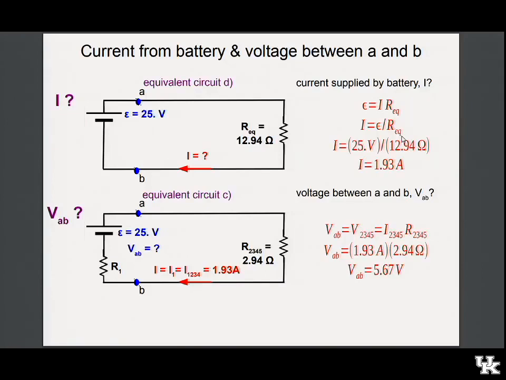So Ohm's law will tell me that the current delivered by the battery is equal to the voltage, the EMF of the battery, divided by the resistance of the circuit. I've just got to divide the 25 volts that I'm supplying by the 12.9 ohm resistance of the entire circuit. That just gives me a current. It's 1.93 amps.